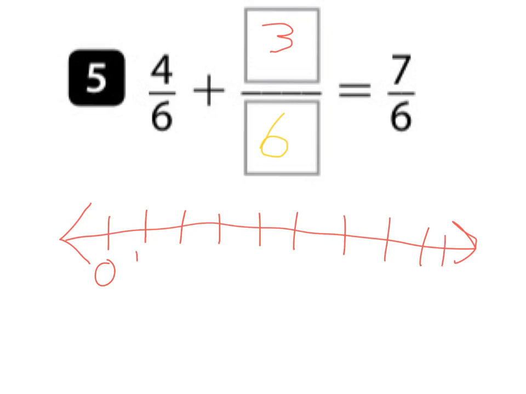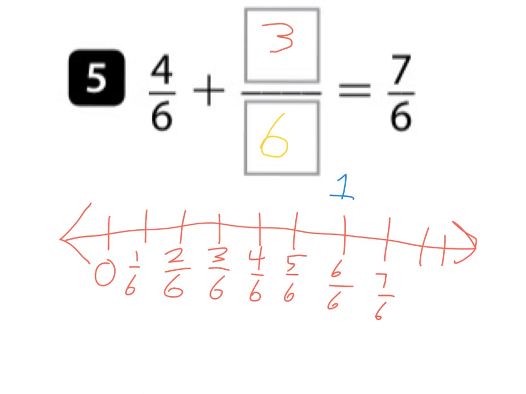And then we will go 1/6, 2/6, 3/6, 4/6, 5/6, 6/6, which is 1 whole. Anytime the numerator and the denominator are exactly the same, that is equal to 1 whole. And 7/6, 8/6, and 9/6.